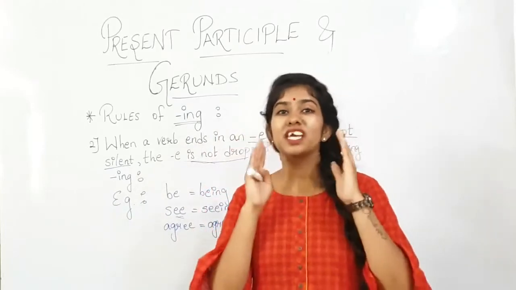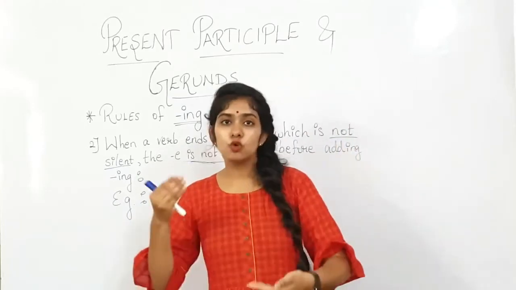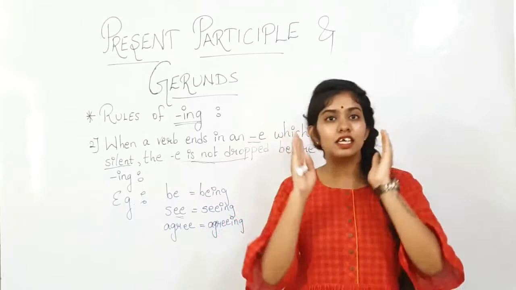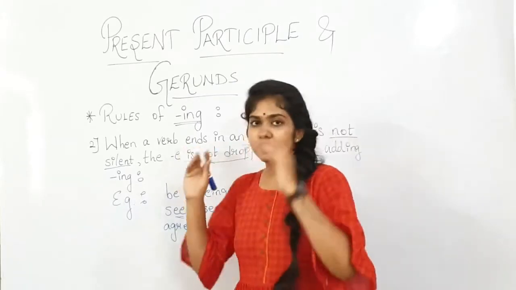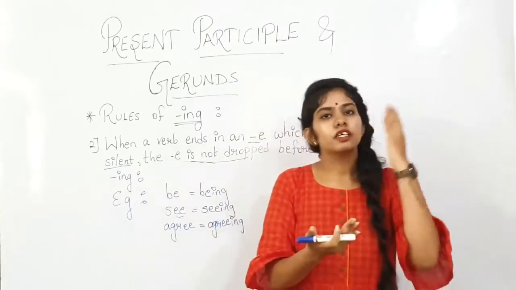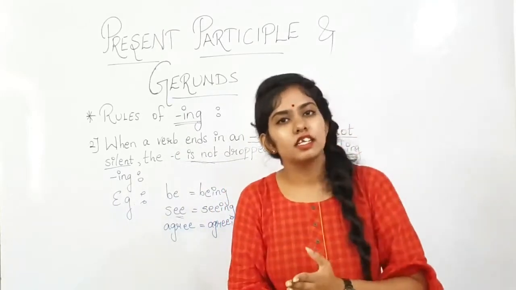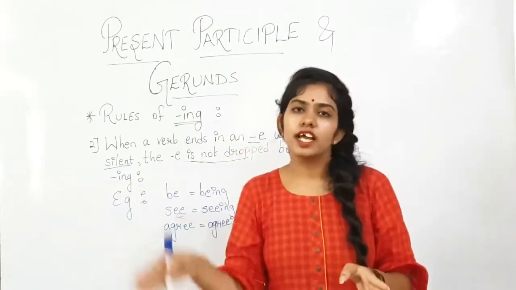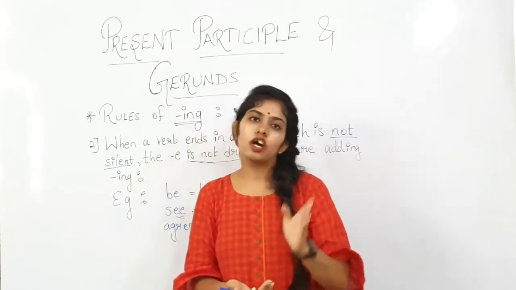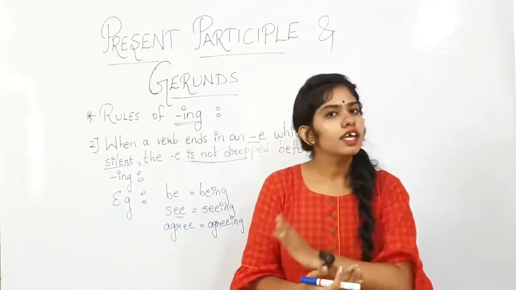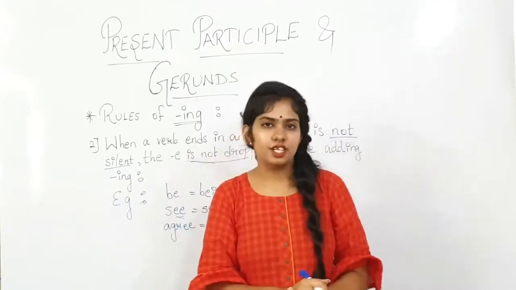Beta, don't be confused in these two rules, okay? Keep clear in your mind that when the word ends with E, but the E is silent, then you will cut the E and you will add ing. But when you are speaking the sound of the E, then you are not supposed to drop the E and you will directly add ing.